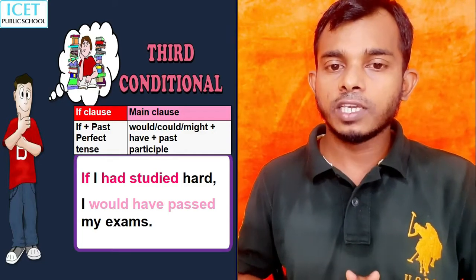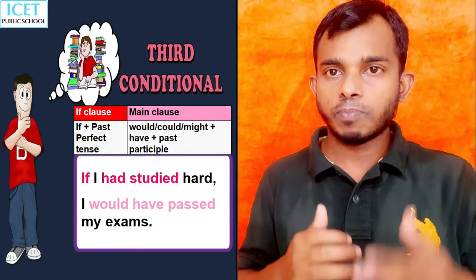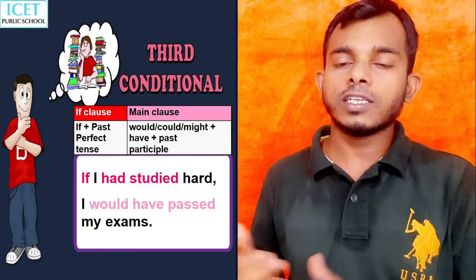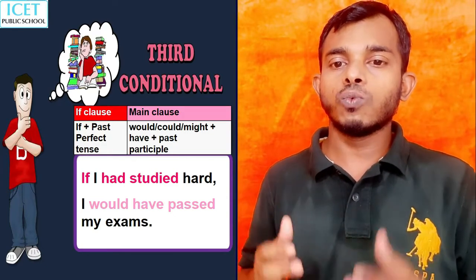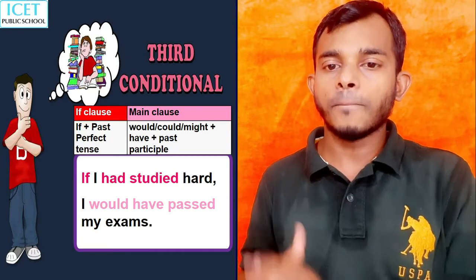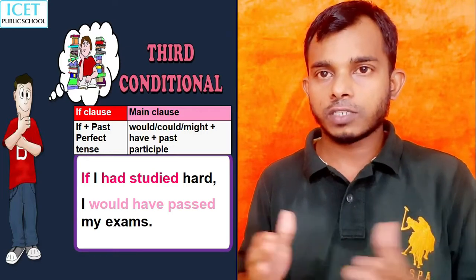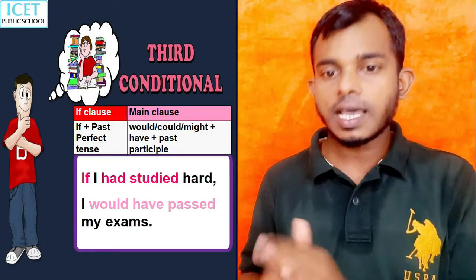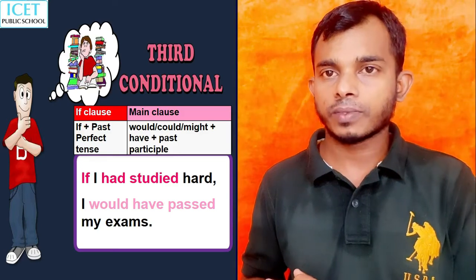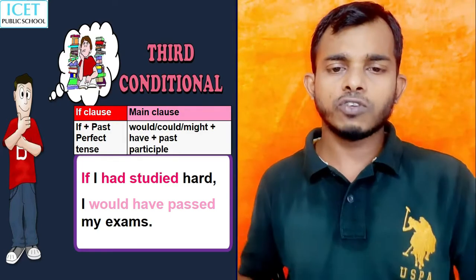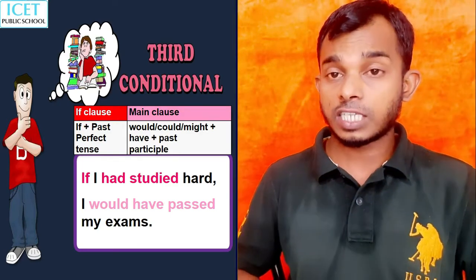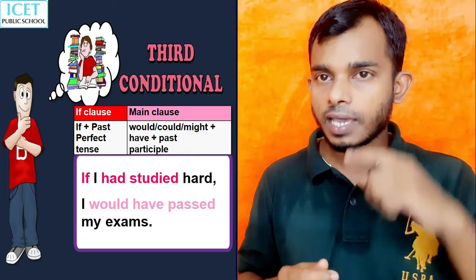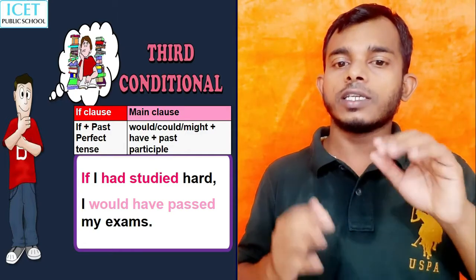Past perfect tense. If clause, if with past perfect tense, then the main clause will be written with would or could, might. As I told, the past form of the auxiliary as in the earlier sentence, then plus have plus past participle. I will tell an example not to make you confused. If I had studied hard, is an example.